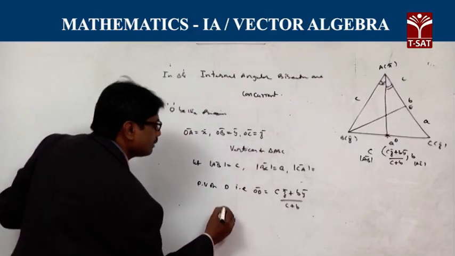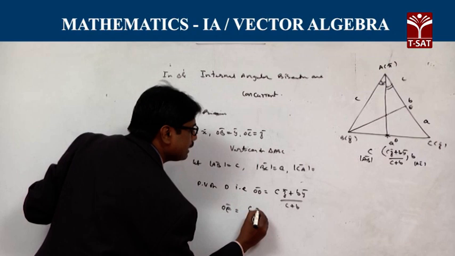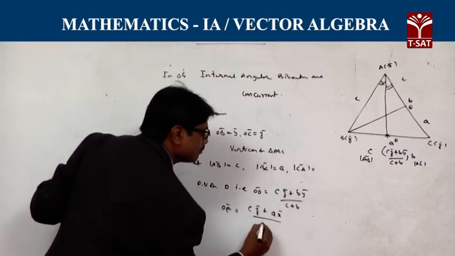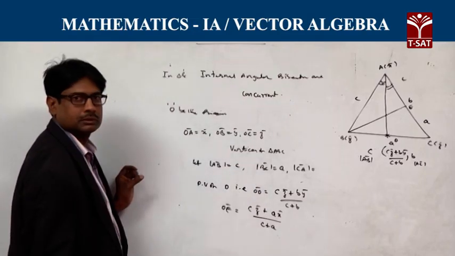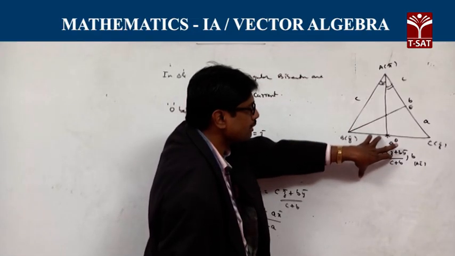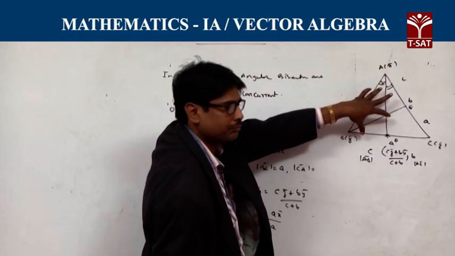So the position vector OE bar will be equal to c times z bar plus a times x bar, divided by c plus a. So we calculated the position vectors of the points where the bisectors meet BC and AC.